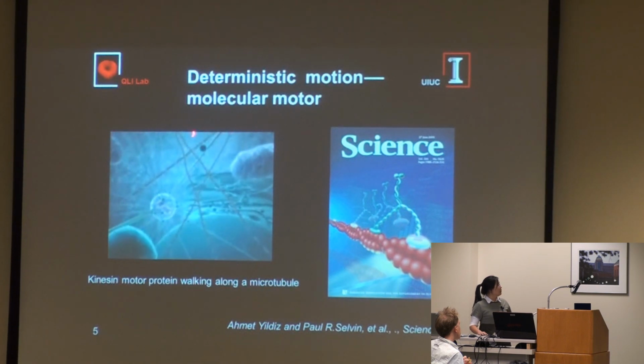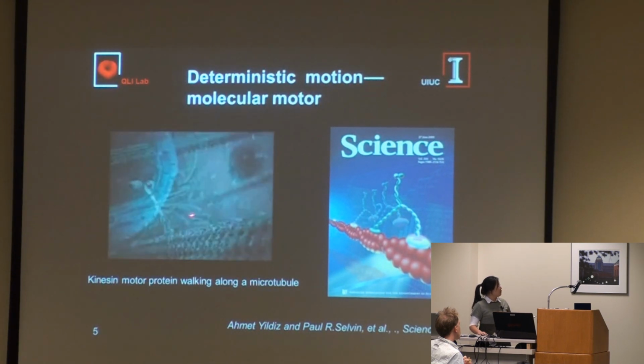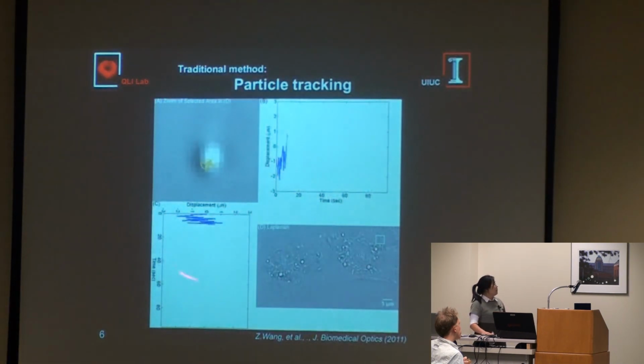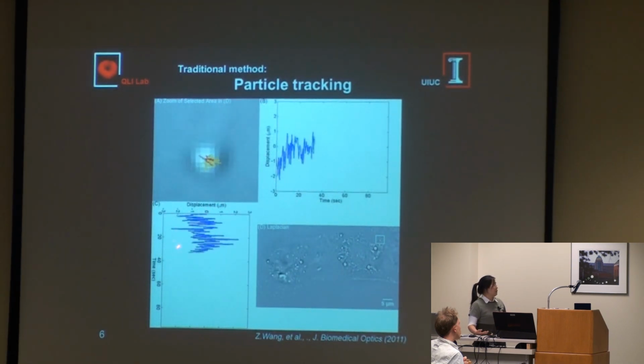So they need, for example, these motors, which walk along the microtubule and carry the vesicles on top of it. And this is deterministic motion, which needs to consume ATP.